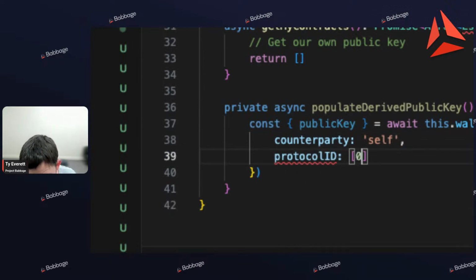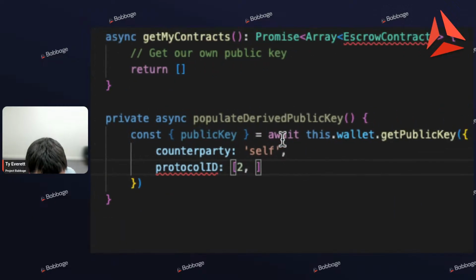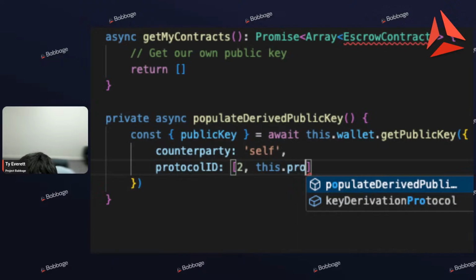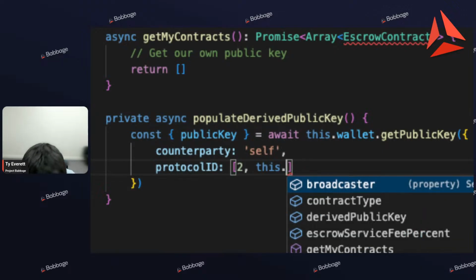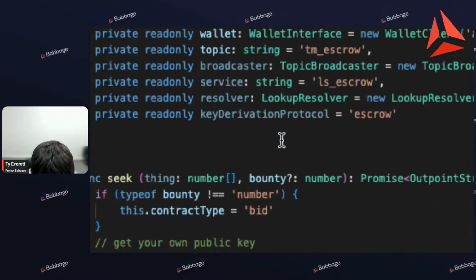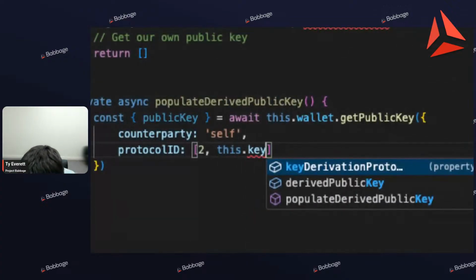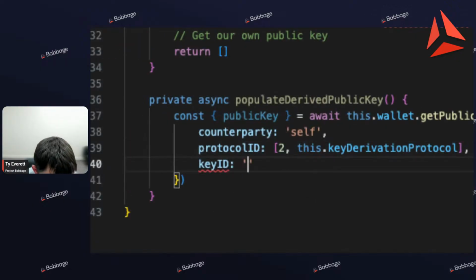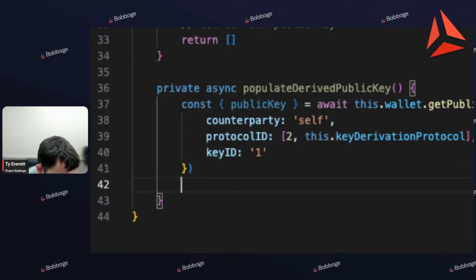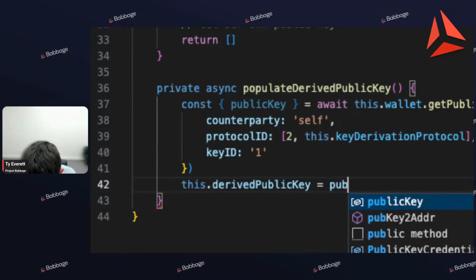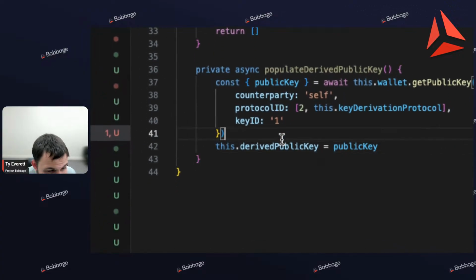Well, security level 2, and it's the key derivation protocol. Key ID for now is 1. Boom.